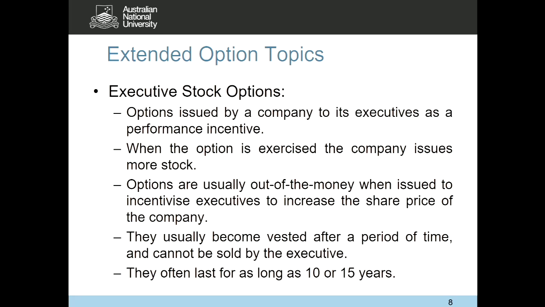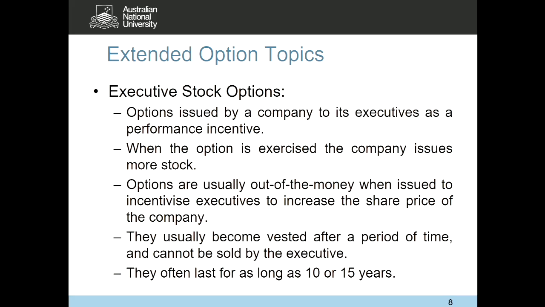Alternatively, what you can do, instead of paying a cash salary, you can try to align their interest with your interest by using stock options. As the shareholder for the company, what do you wish to happen? Of course, you wish the share price to go up, right? You want the company to maximize its profit, to maximize its earnings, so that the share price can go up.